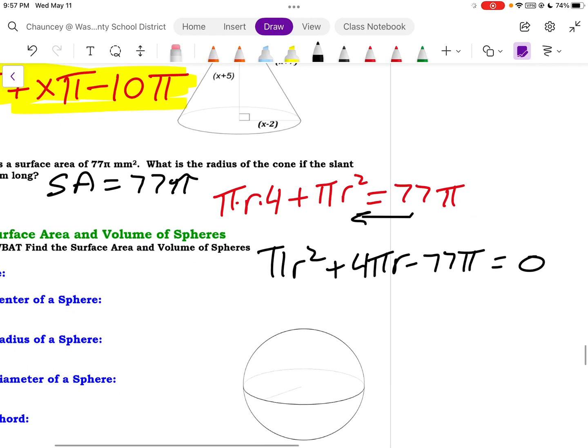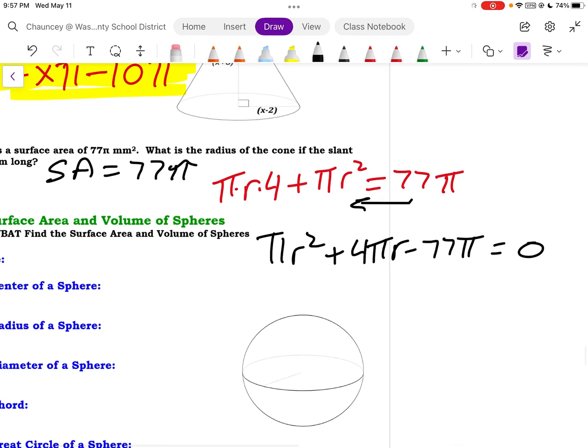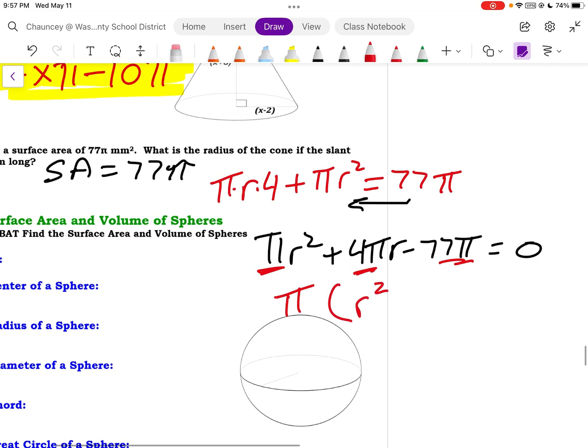You guys with me? And here's the other thing. You could pull out a common factor of pi. So rewritten out again, it would be pi taken out. You got r squared plus 4r minus 77 equals 0.